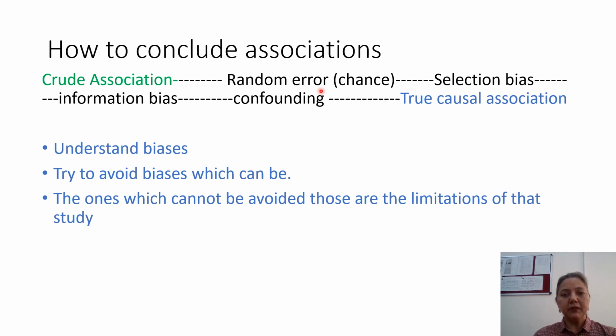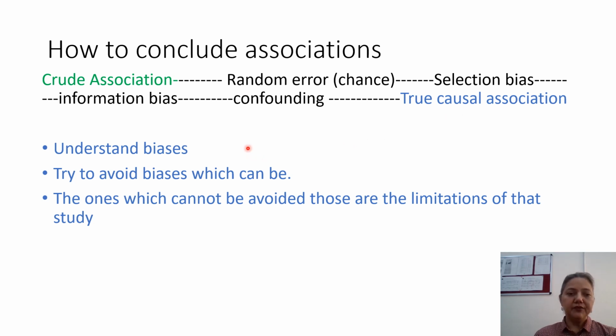We should keep in mind the random error. We should try to rectify it as far as possible. Then there are the other biases, as already discussed: selection bias, information bias and confounding. So looking into all these factors and trying to eliminate them, we can reach the true causal association between the exposure and the outcome.